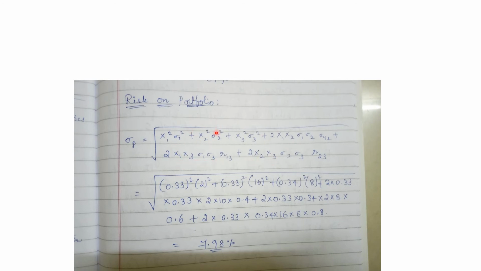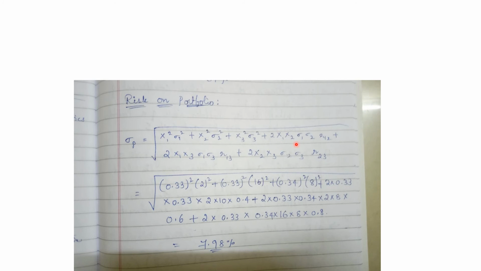So that covariance if you take, then you have to put this formula in this particular manner. That is standard deviation root of x1 square into standard deviation 1 square plus x2 square into standard deviation 2 square plus x3 square into standard deviation 3 square plus 2x1 x2.